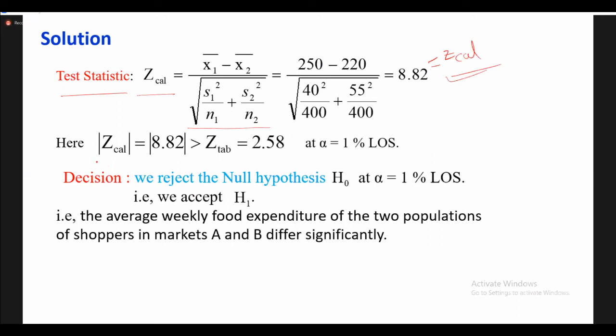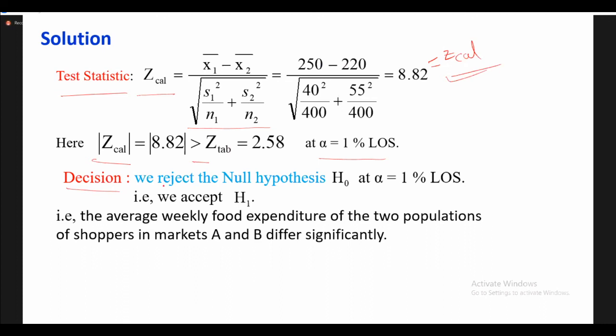See here, mod Z calculated is greater than Z tabular value. Z tabular value is 2.58, and Z calculated is 8.82 at 1% level of significance. If this condition is satisfied, what is the decision?